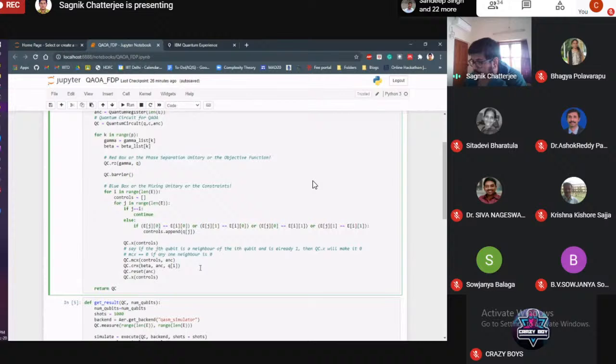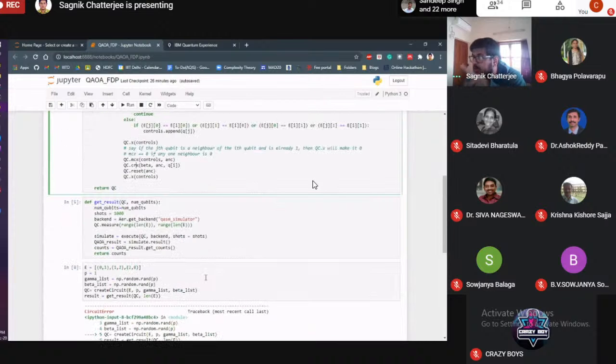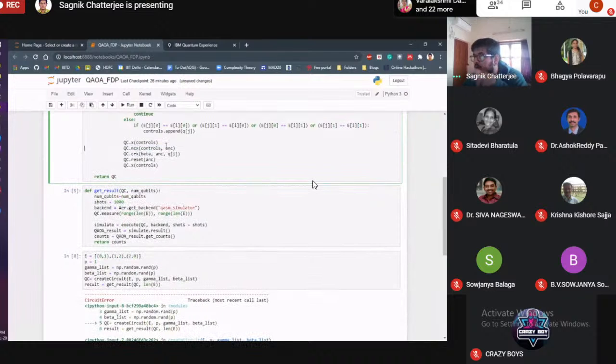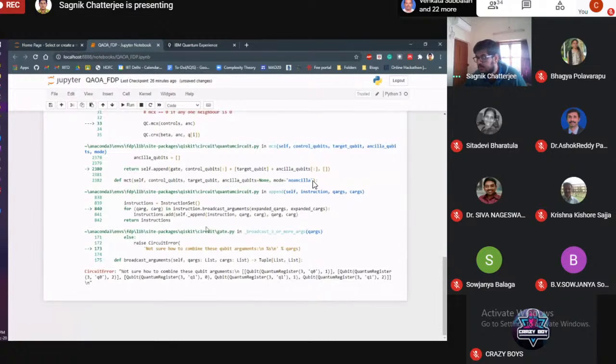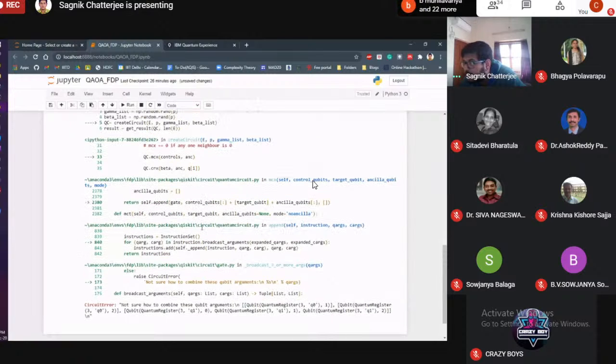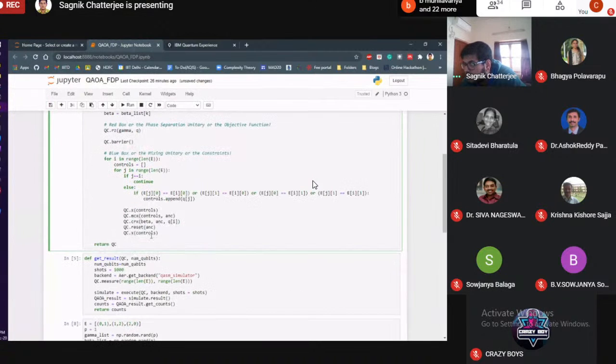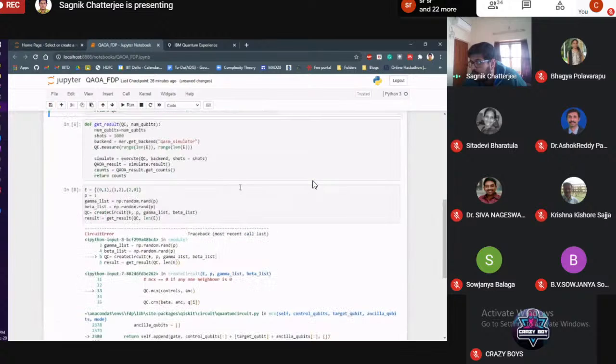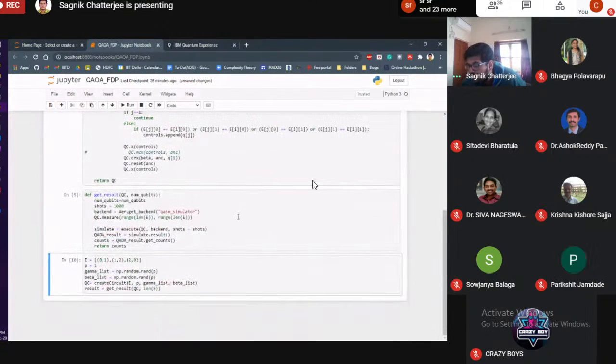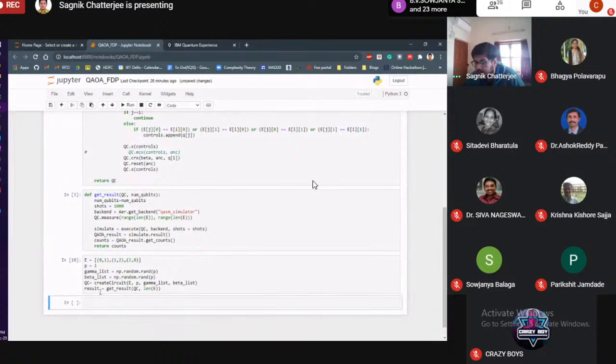We are applying the MCX gates, the multi-control gates. What happens if I put this is still it is running somewhat, so we'll debug that part a little bit later. I just wanted to show you.